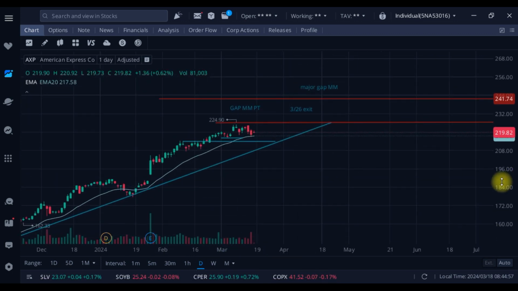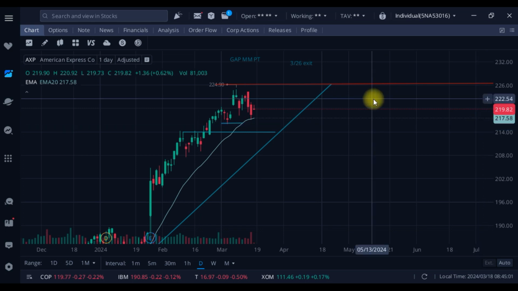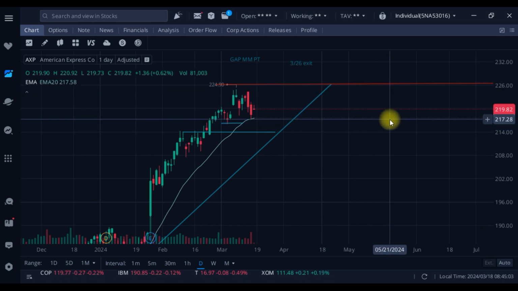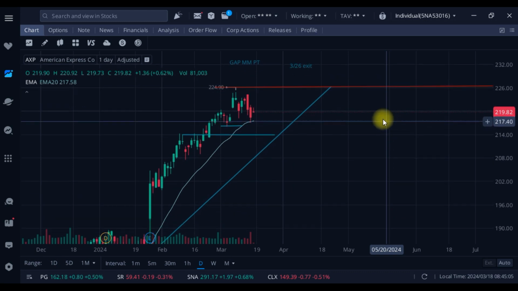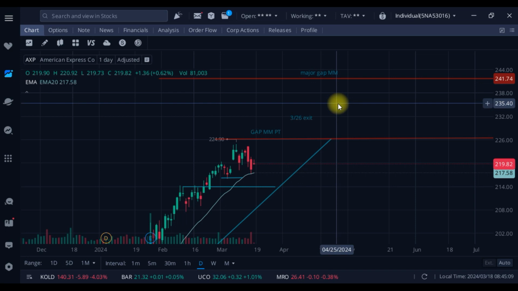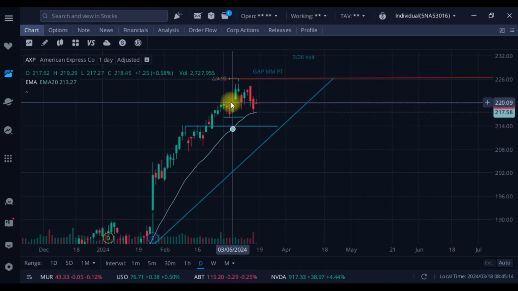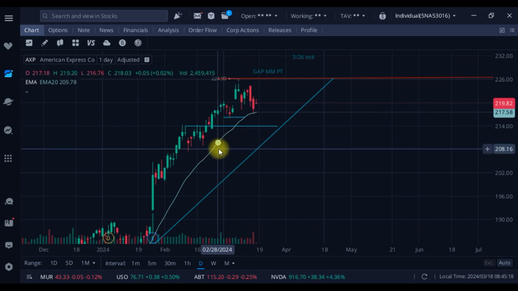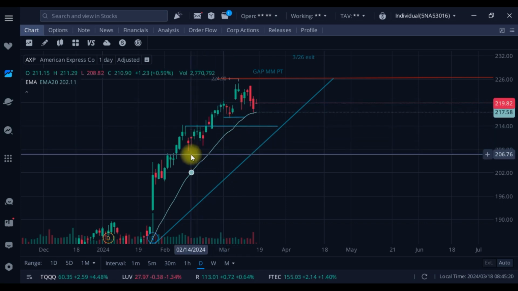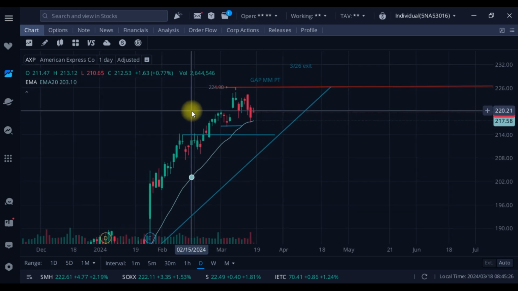American Express, we've begun to range out just a little bit. We got near this measured move gap target, and it was a minor one. What is that going to be? It's projected from this gap here, between here and here, I think.